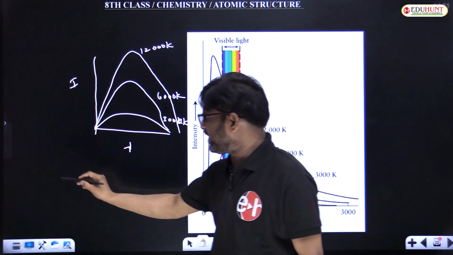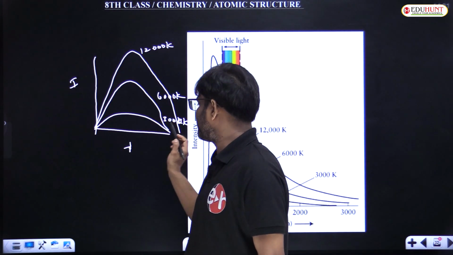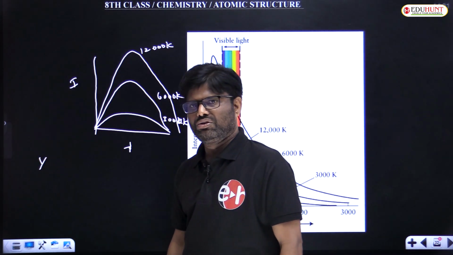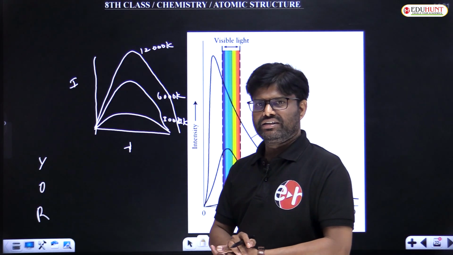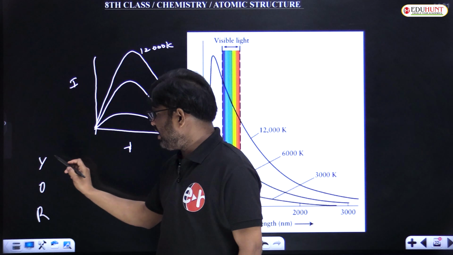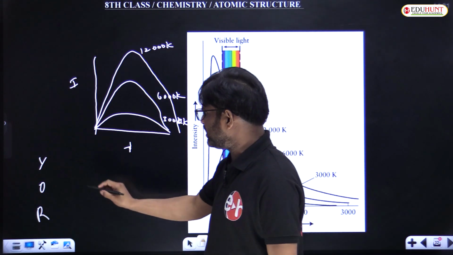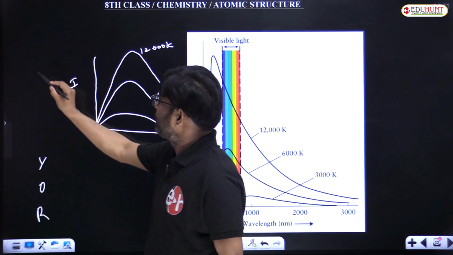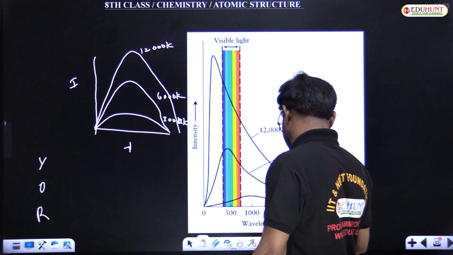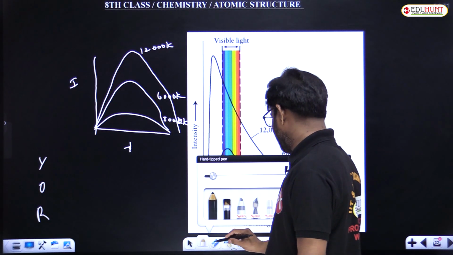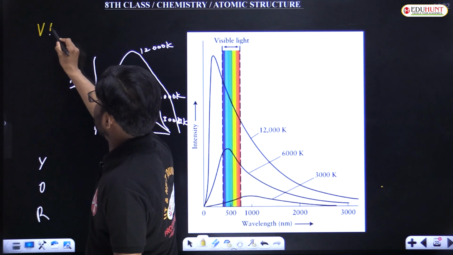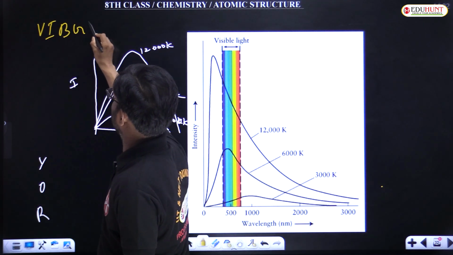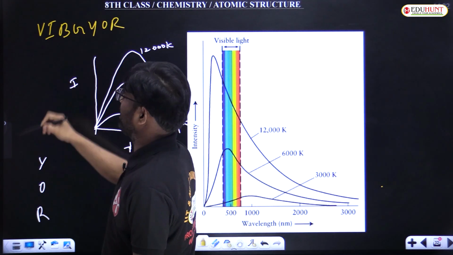Now the graph is drawn between intensity and wavelength at these temperatures. First, at 3000 Kelvin, I have taken yellow, orange, red. In order to understand this, remember VIBGYOR.